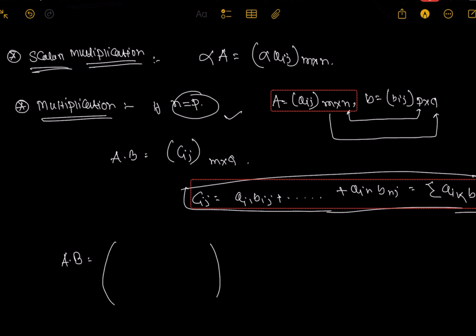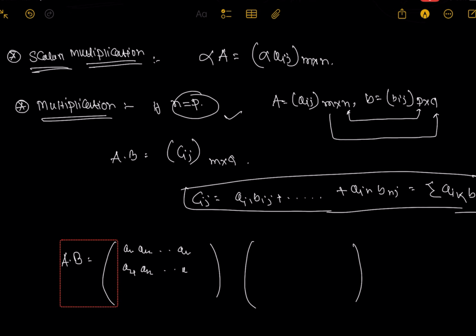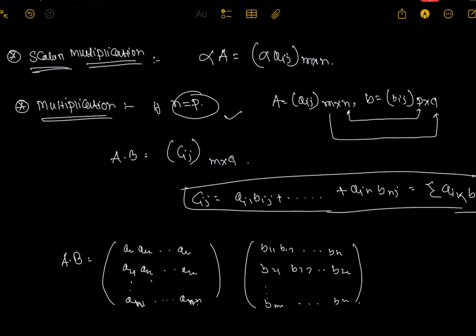What is the A matrix? This is the B matrix. Suppose we write some elements: a11 up to a1n, a21, a22 up to a2n, and this continues up to a of m1 up to a of mn. For B: b of 11, b of 12 up to b of 1q, then b of 21, b of 22 up to b of 2q, and this goes on to b of n1.